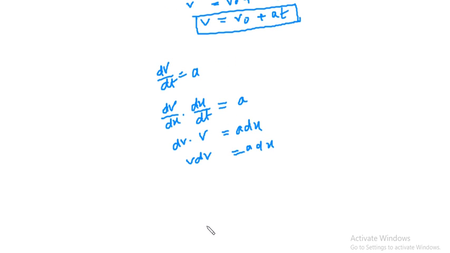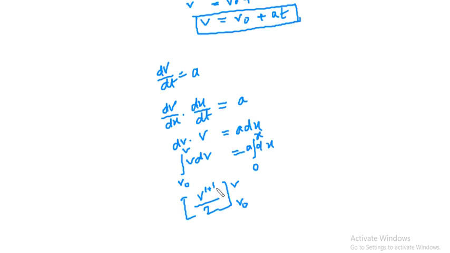So we will integrate both sides. v goes from v0 to v and dx goes from 0 to x. Okay, so in this case, when there is a power on the variable with which we are integrating, its power will increase by 1, and then it will be divided by the new power. So v will become v to the power 1 plus 1, divided by 2. Then we have to put the limit v0 to v.